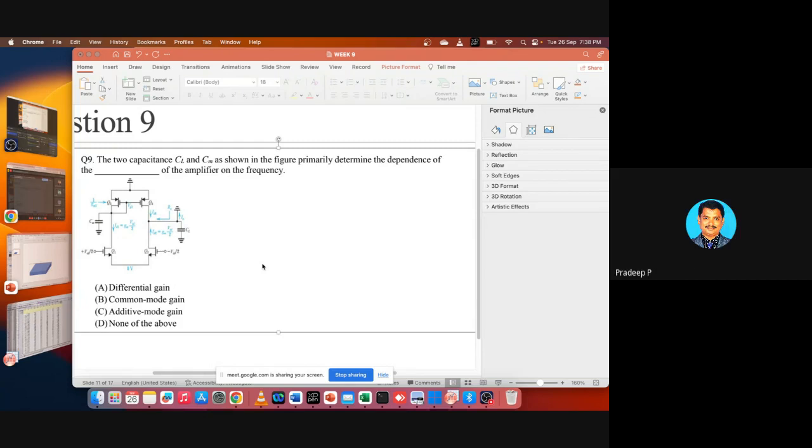Maybe additive mode gain, madam. One is load capacitance, another one is CM, na. So we should go for CMR. So my option is additive mode gain, madam.